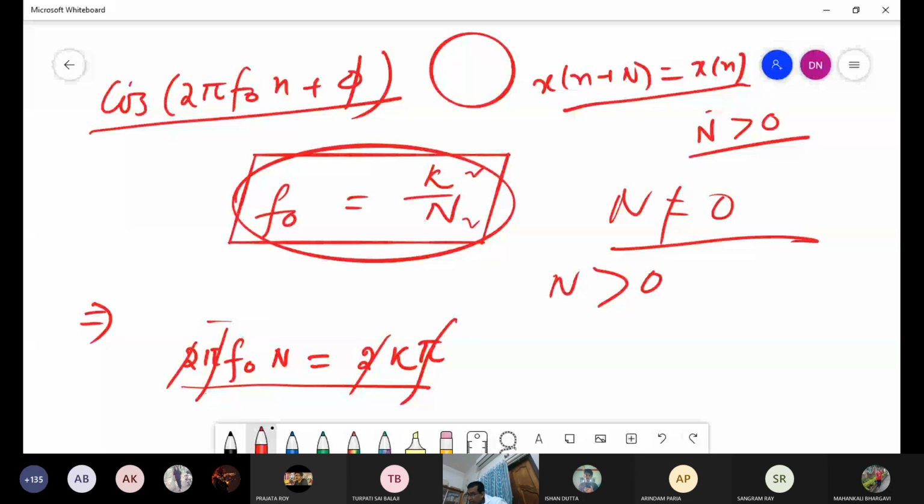So this condition is satisfied for the cosine signal if and only if this f0 becomes k by N, which is a rational number. But if f0 is not a rational number, then this cosine function, though it is a cosine function, it is not periodic. Is it clear?